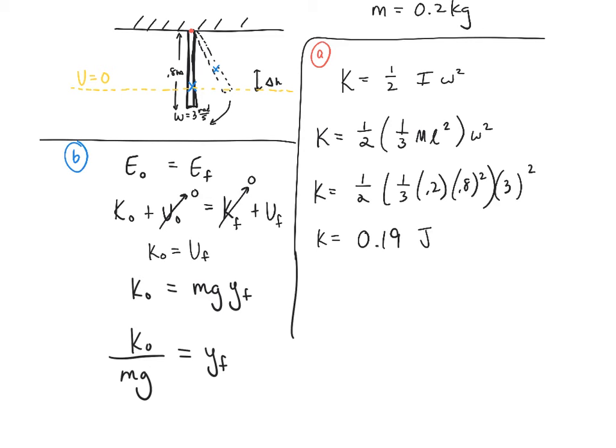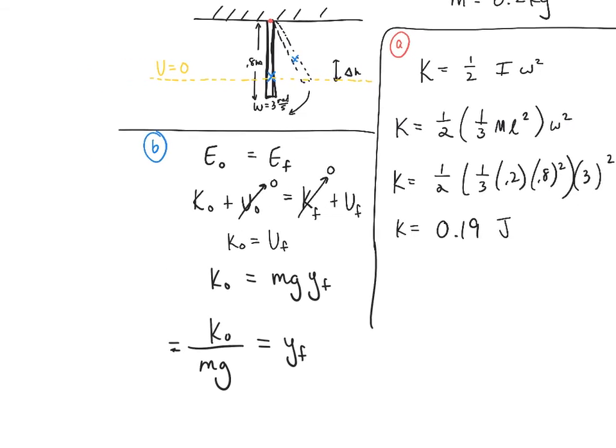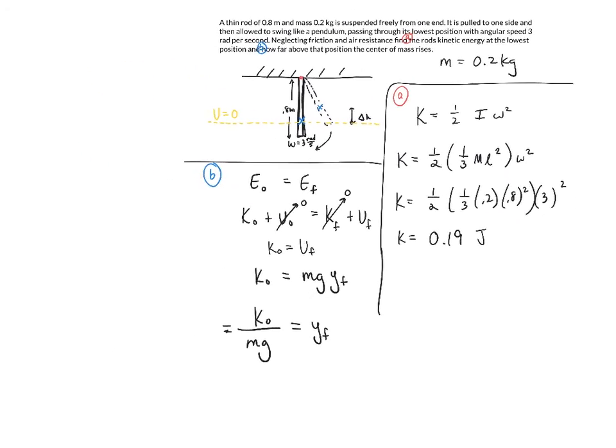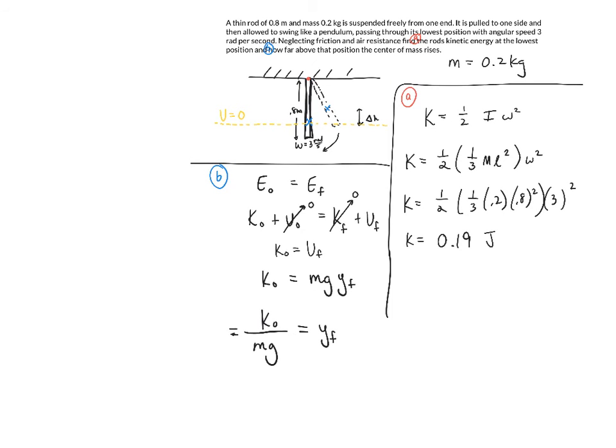What do we get for a number here? 0.097. 0.097, that looks right. And that's in meters.